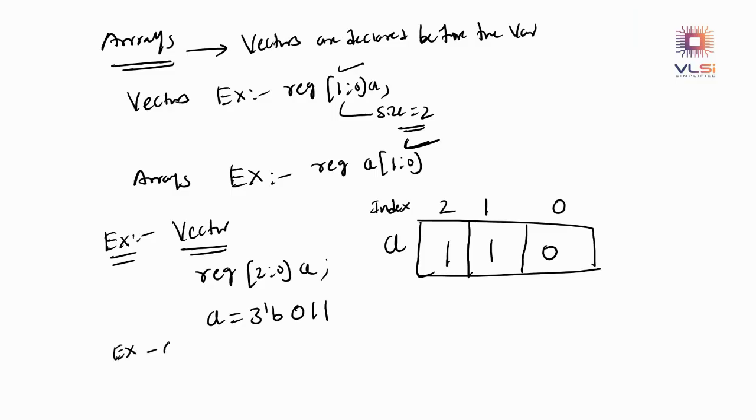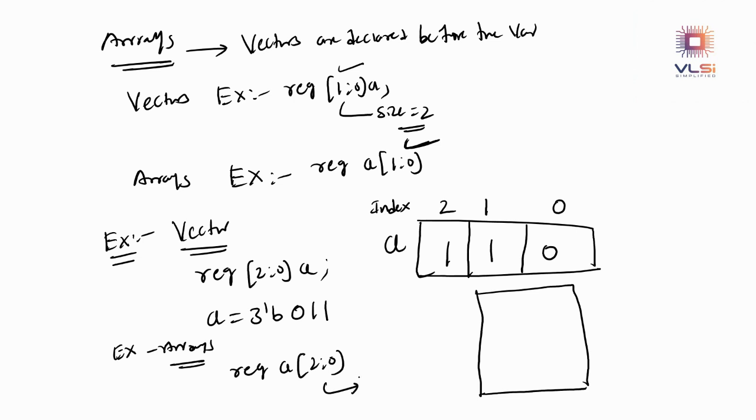And if it is arrays, an example of arrays, if you see reg a[2:0]. Here it will store vertically. So that means it will allocate three locations, like 0, 1 and 2. So these are used as vectors.